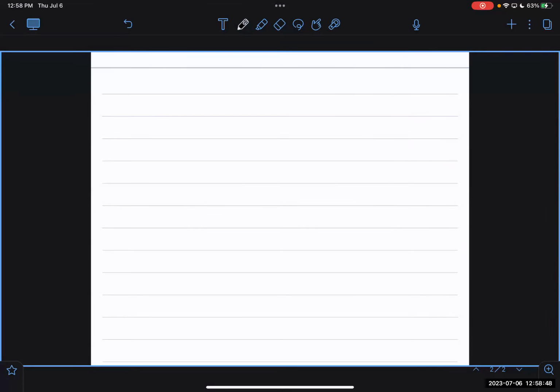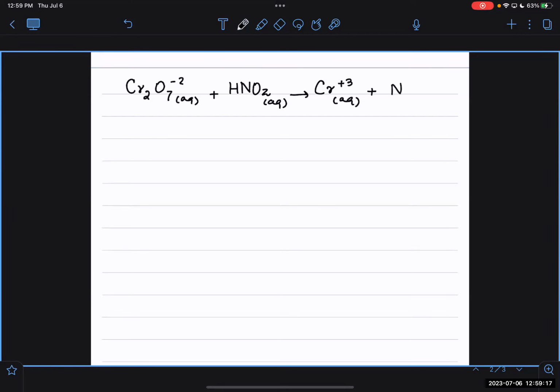You are given Cr2O7 -2 aqueous reacting with HNO2 aqueous, and this is giving you Cr+3 aqueous and NO3 -1 aqueous.